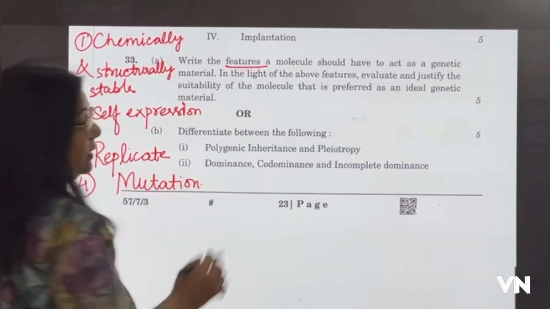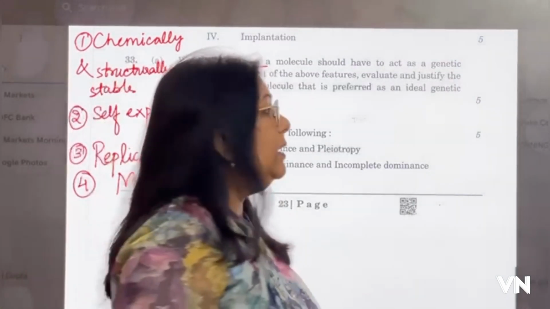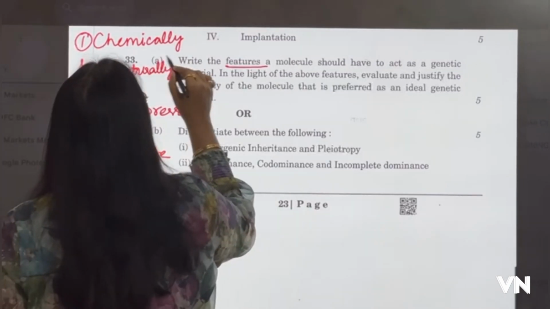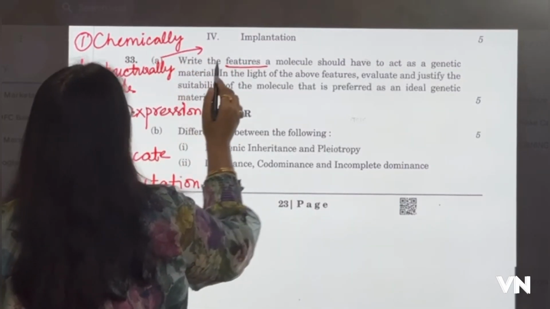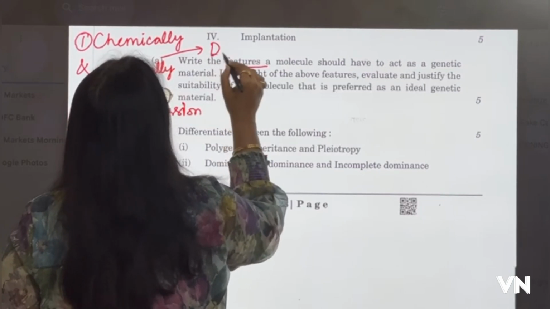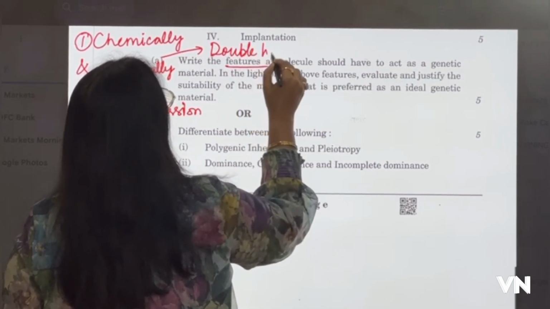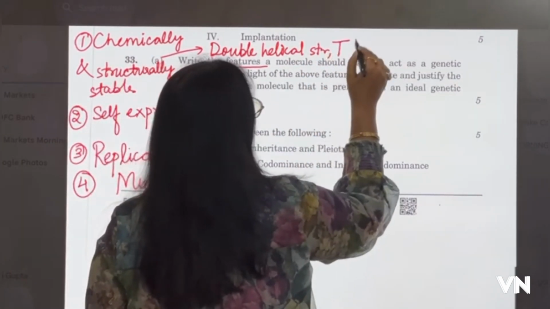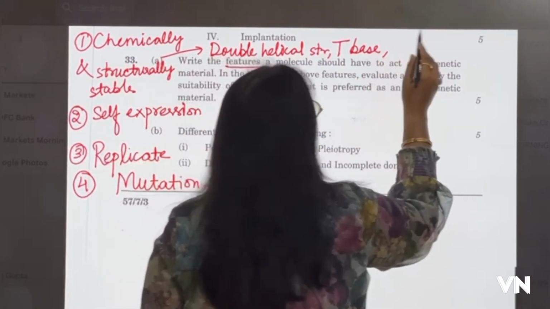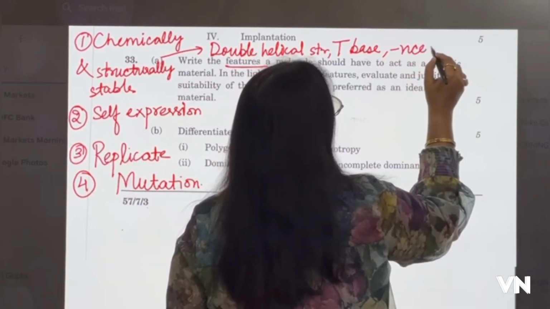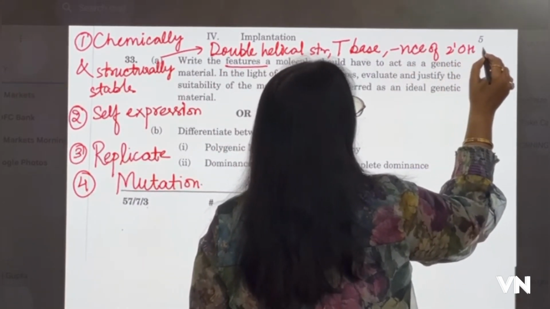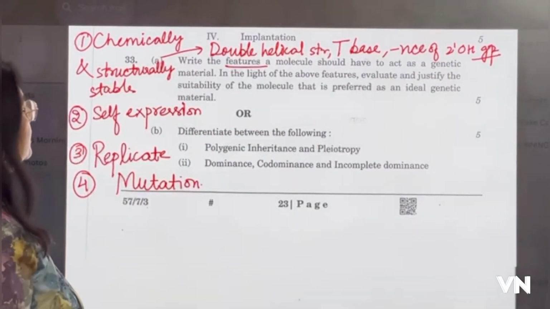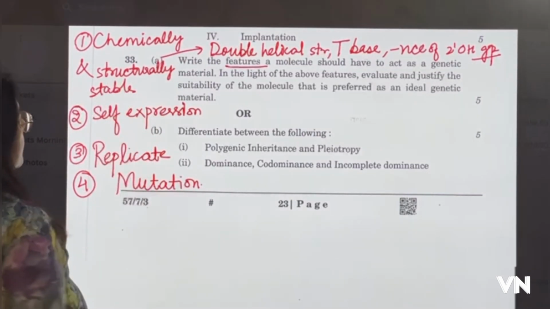Out of DNA and RNA as a genetic material, DNA is the better or ideal genetic material because DNA is chemically and structurally stable. The double helical structure, presence of thymine base, and absence of 2' OH group are responsible for making the DNA chemically and structurally stable.